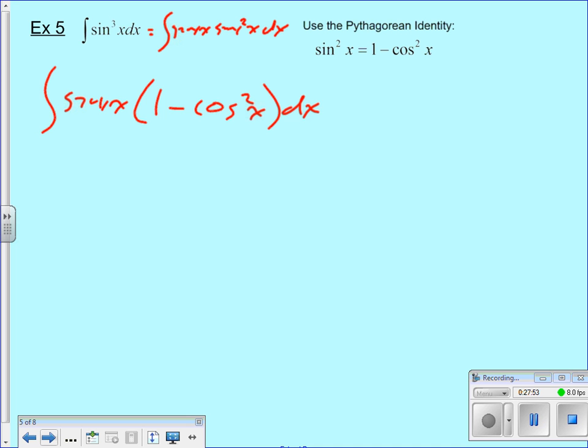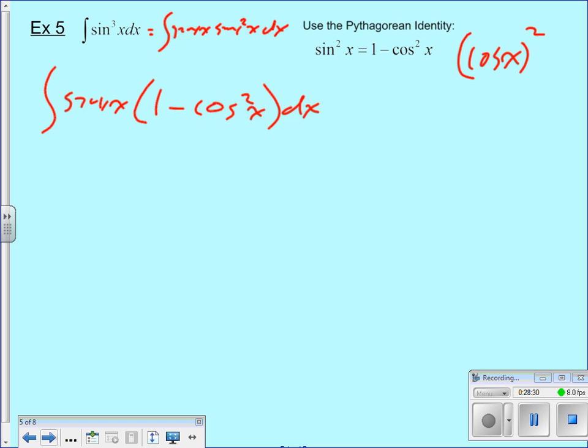No, because remember, what is cosine squared? Cosine squared is actually cosine x to the second power. So if you do the derivative of cosine to the second power, bring the power down.